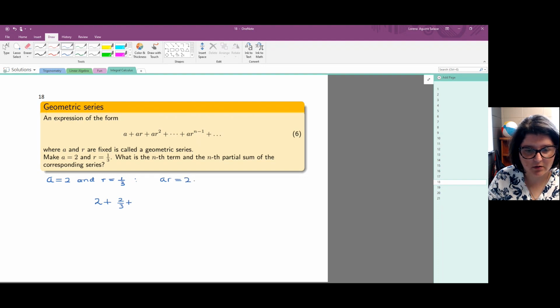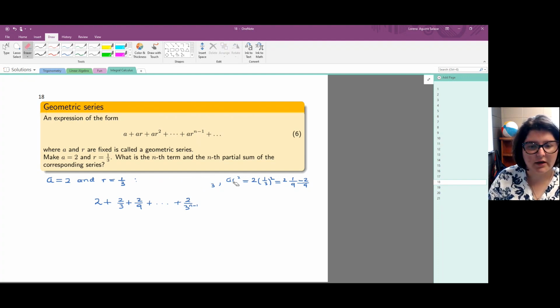A times r squared is 2 times 1/3 squared, and that's 2 times 1/9, because we get 1 squared over 3 squared, and that's 2/9. And we continue like that with terms of the form 2 divided by a power of 3, and the power is n minus 1.